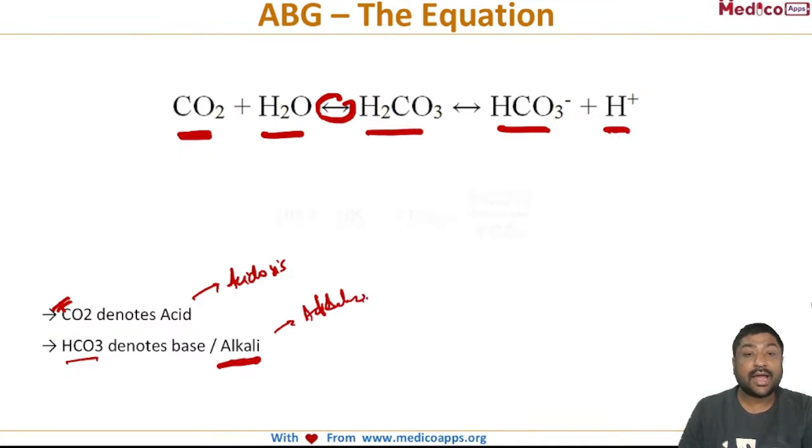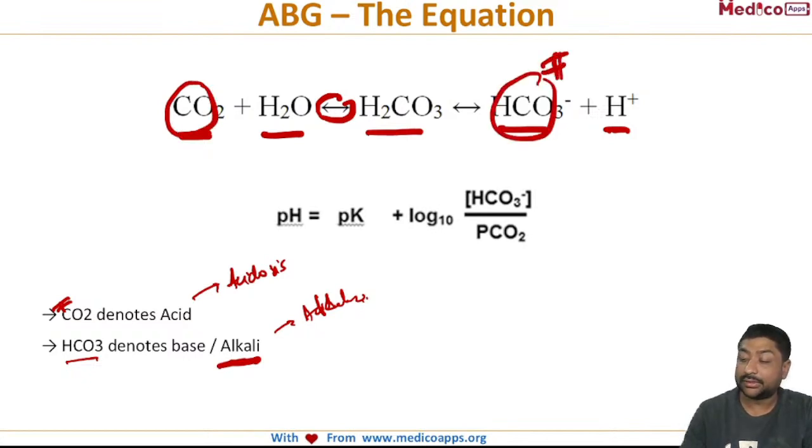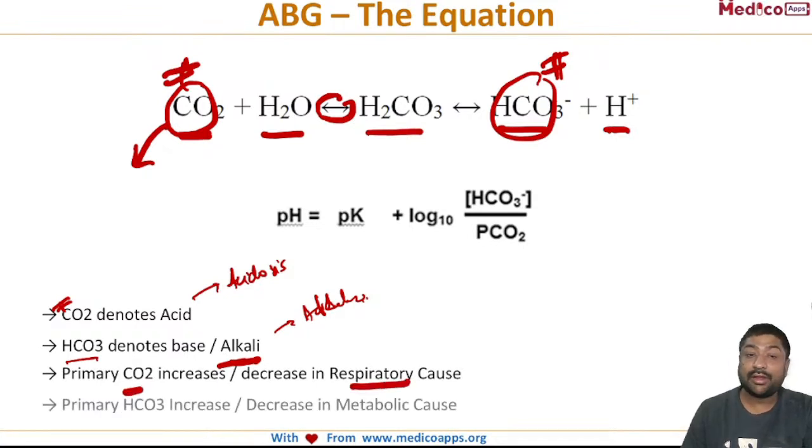These are the only two primary mediators. So think, when carbon dioxide is increased or decreased, will it be a respiratory cause or metabolic cause? Just think for yourself. Whenever carbon dioxide is increased or decreased primarily, it will be a respiratory cause, and whenever bicarbonate is increased or decreased primarily, it will be a metabolic cause.